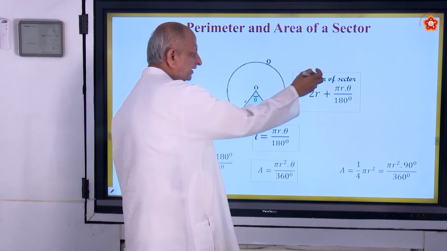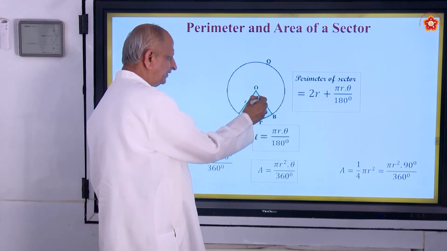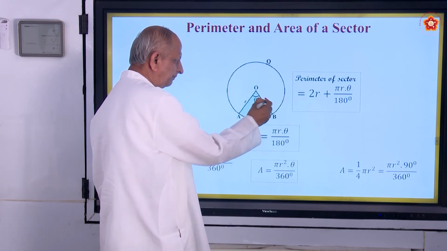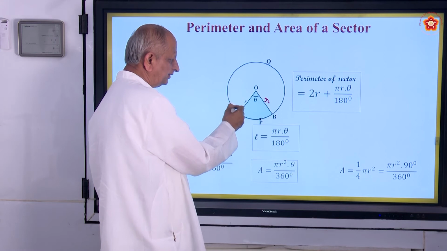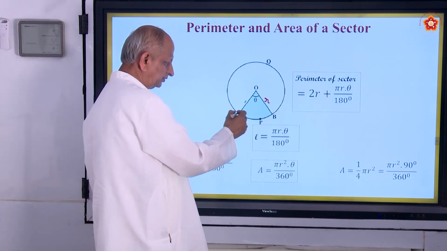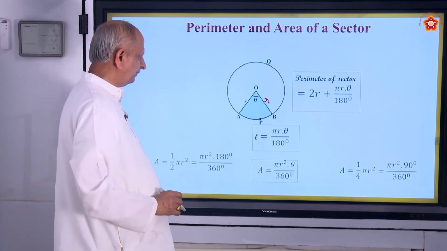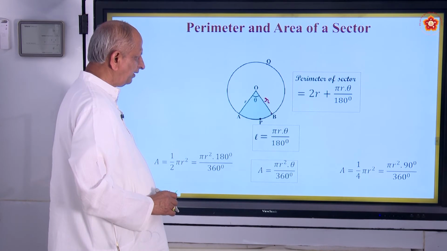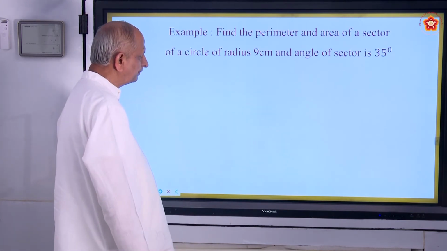Here perimeter of the sector is given by the formula r plus r, this is r, so r plus this length, that is pi r theta by 180, we already written here. So, length of the portion. Okay. Using this formula, we will work out some problems.